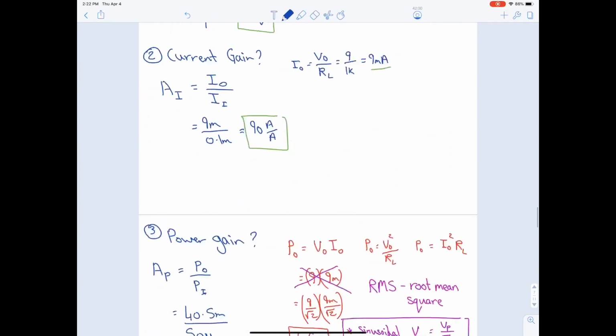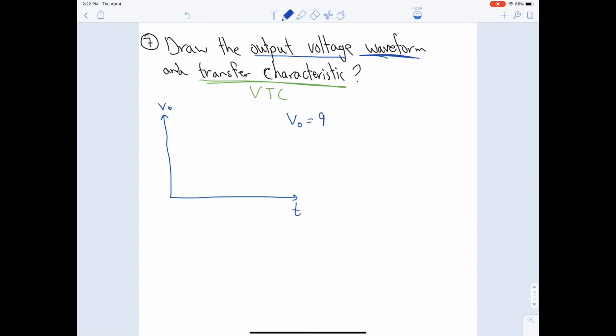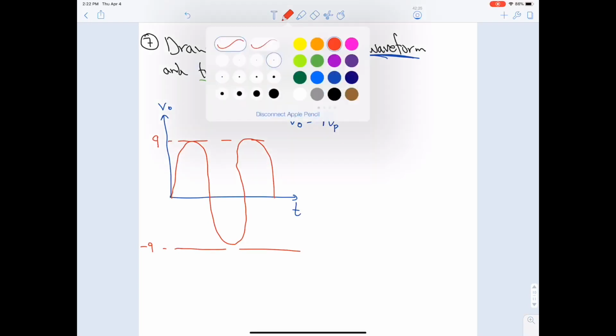Yes, it was 9 volt. So V output is equal to 9 volt peak. It's simple. We already sketched this before. So we have to draw positive 9 and negative 9 volt. 9 and minus 9. Simple.